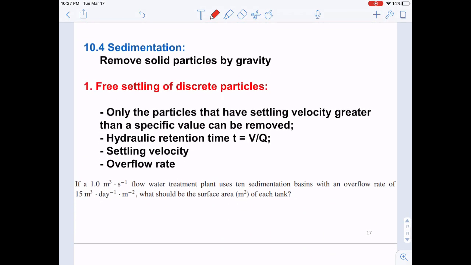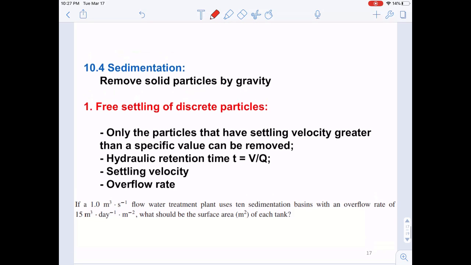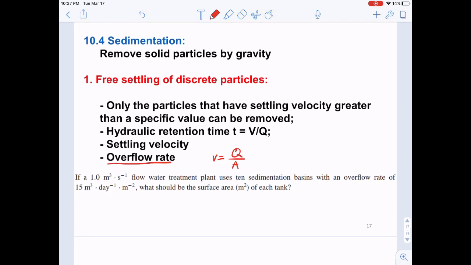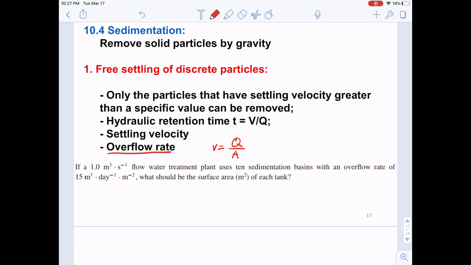We also mentioned sedimentation. You have a homework problem that asks you to calculate the volume of the sedimentation basin. The major parameter we're interested in is the overflow rate. The overflow rate is calculated by the total flow rate divided by the area, the surface area of the sedimentation basin.